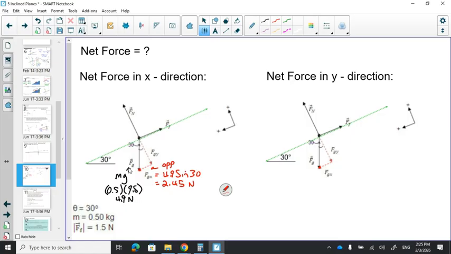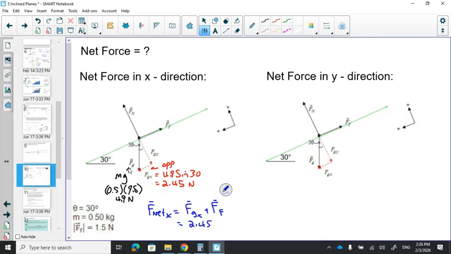And we were given the force of friction was 1.5. And so we have F net in the x direction is the force of gravity in the x direction and the force of friction. The gravity in the x direction is the 2.45.